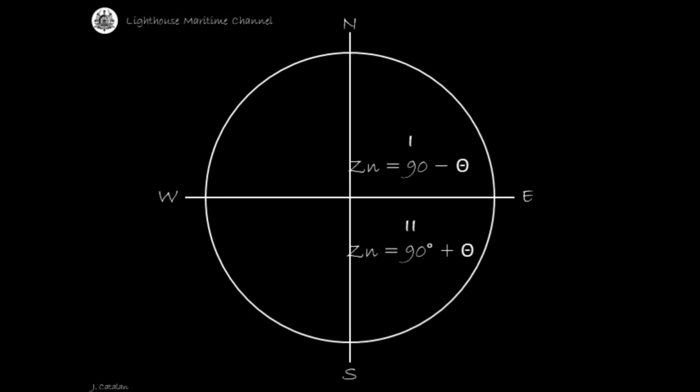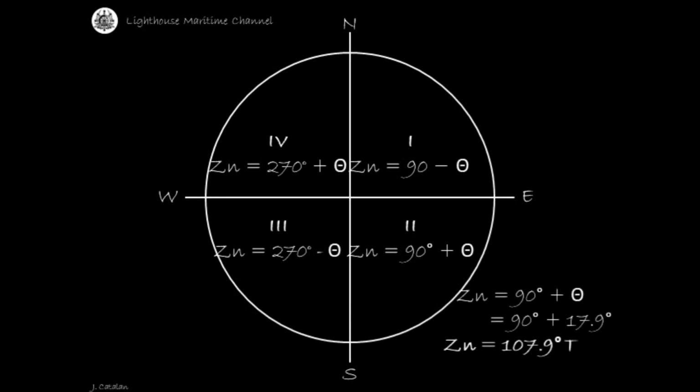Azimuth on setting is equal to 270 degrees subtracted by the theta at third quadrant, 270 degrees added by the theta at fourth quadrant. In our example, we have an amplitude at the second quadrant, so the azimuth is equal to 90 degrees added by 17.9 degrees. The result is 107.9 degrees true.